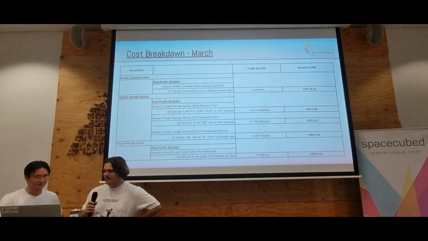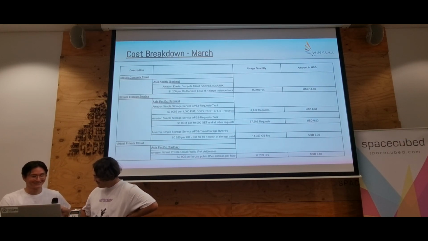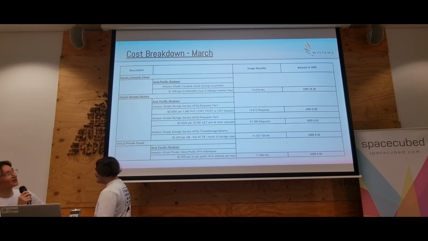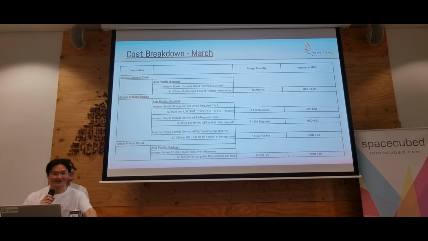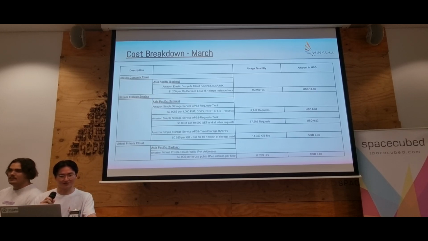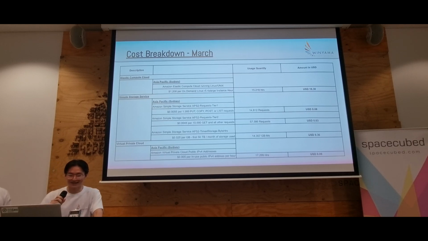Now the exciting stuff, cost breakdowns. From all the projects we ran in March, this is a brief overview of what it cost us. We went with an on-demand price of $1.20 and used it for a total of 15 hours, which came out to about $18.38.